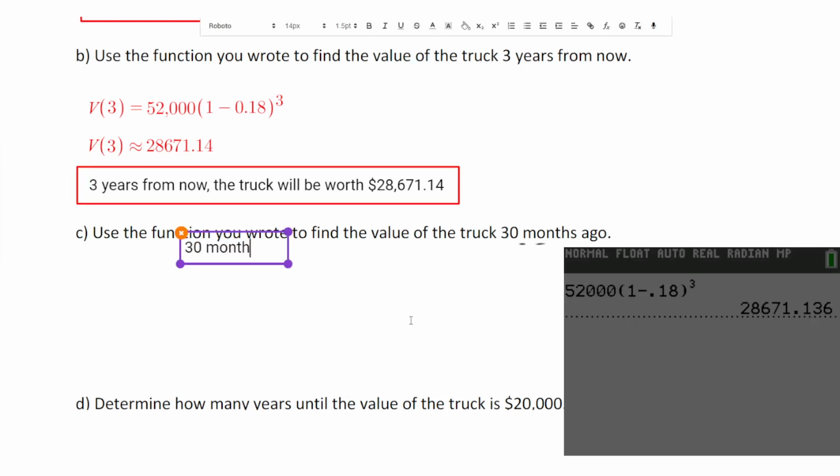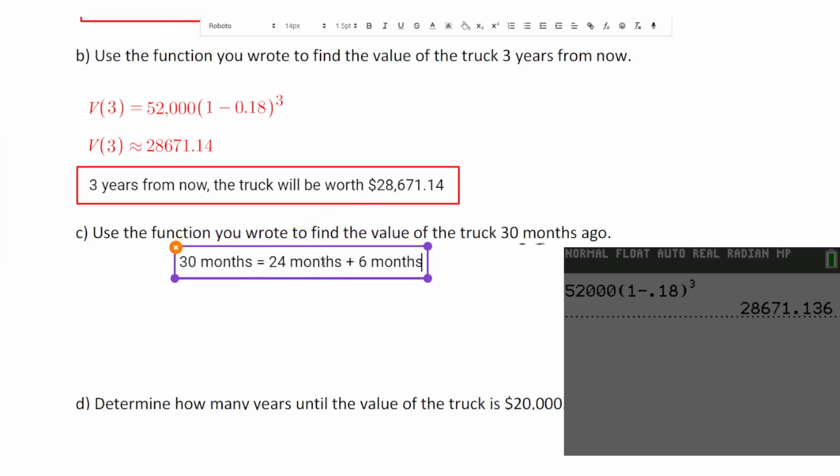So 30 months is the same thing as 24 months plus 6 months, right? And since a year is 12 months, 24 months would be the same thing as 2 years. And 6 months would be half a year. 6 is half of 12, so this would be half a year.